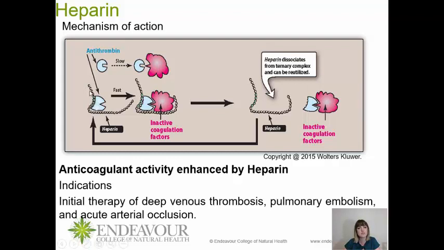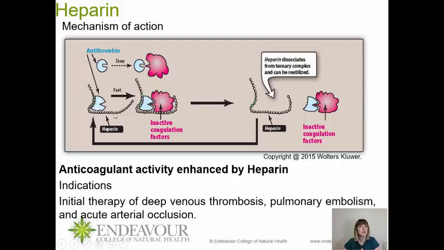It's a polymer substance that's able to actually reinforce the structure of antithrombin interacting with coagulation factors, or those ones listed on the previous slide. So antithrombin is a circulating enzyme that normally acts to inactivate clotting factors after they've been activated. It's normally a slow process, and it's just one of the normal caps on the clotting process, so it doesn't get out of hand in the normal situation.